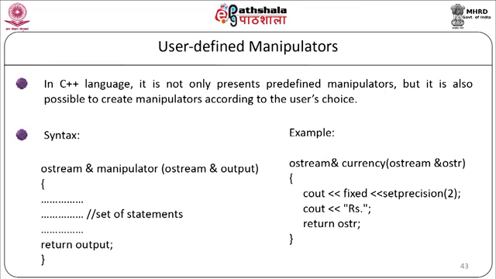For example, ostream& currency(ostream& ostr), cout << fixed << setprecision(2), cout << rupees, return ostr, and our function will end. So here we have created our user defined manipulator currency as rupees.